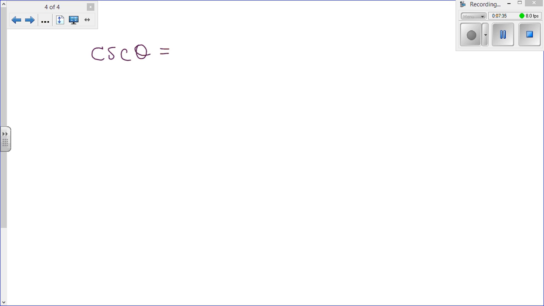CSC theta is equal to 1 over sine theta, and the same thing can be said that sine theta is equal to 1 over CSC theta. Note that the cosecant theta may be undefined, in particular when sine theta is equal to 0.